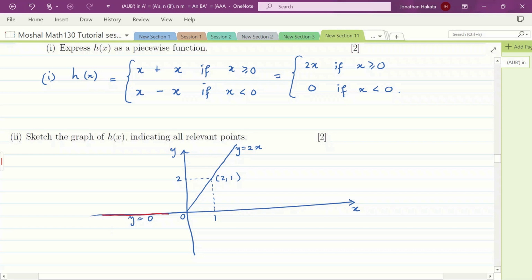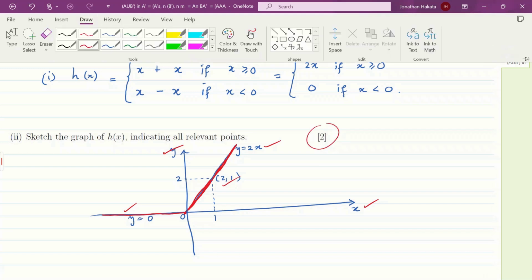So this is the graph that we plotted. The graph in red is the one that was required. So when they come here, they will check the labeling of axes, the graph, and any other relevant point. So these will be half marks altogether to give you these 2. All right.